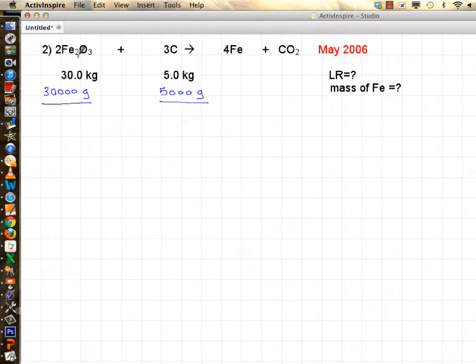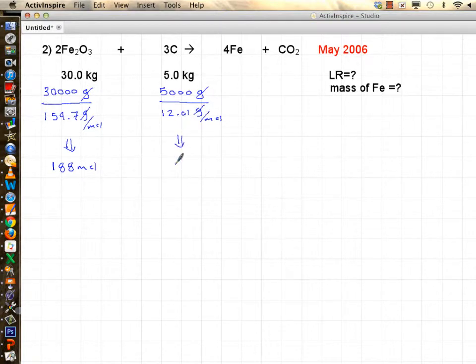Fe2O3, you have 2 iron and 3 oxygen. Its molar mass is 159.7 grams per mole. In terms of carbon, it's 12.01 grams per mole. For the first reactant, Fe2O3, I will have 188 moles.